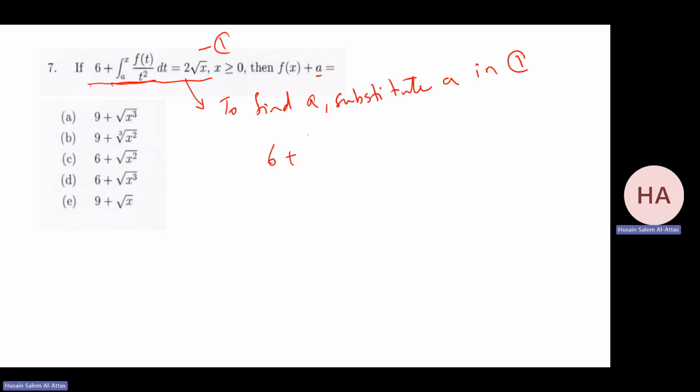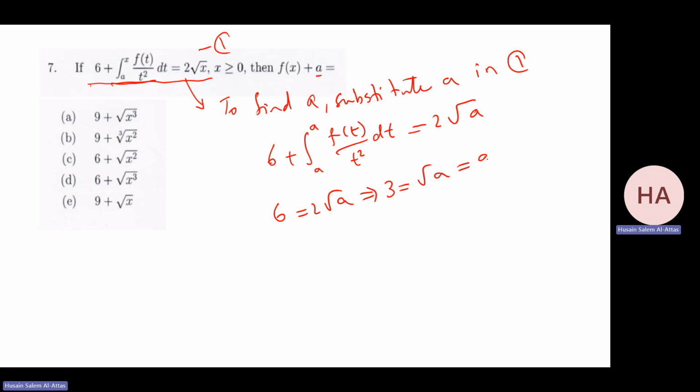So it will be 6 equals, A to a, which is 0, plus 2 square root of a. So I have 6 equal 2 square root of a. That implies 3 equals square root of a. So a equals 9. A is equal to 9.